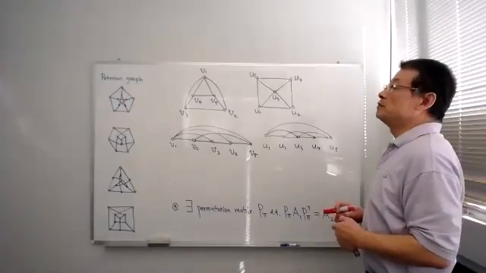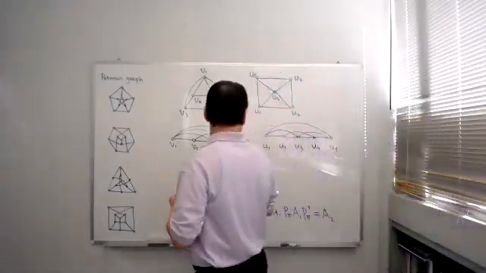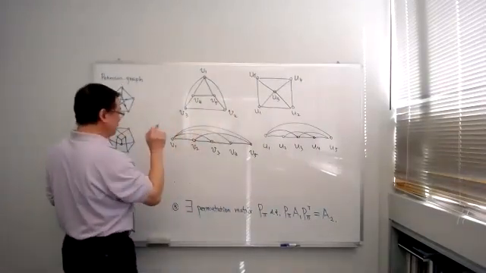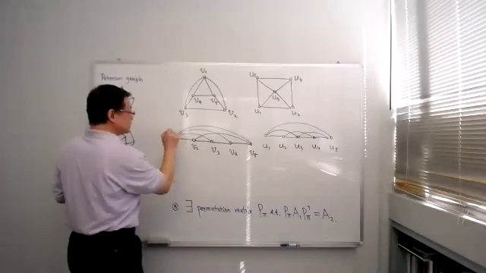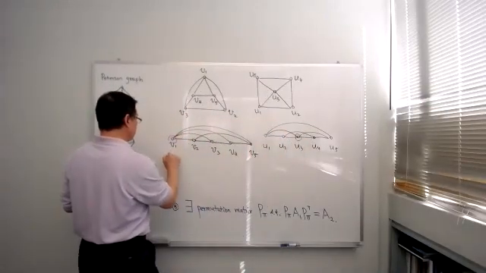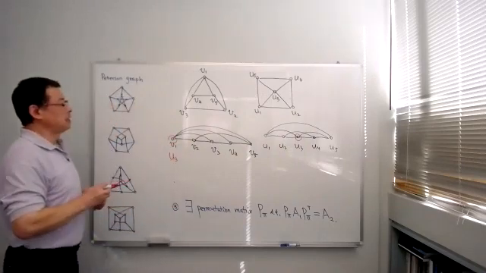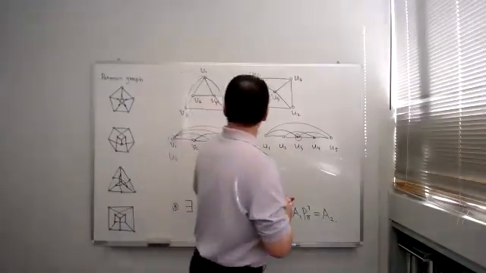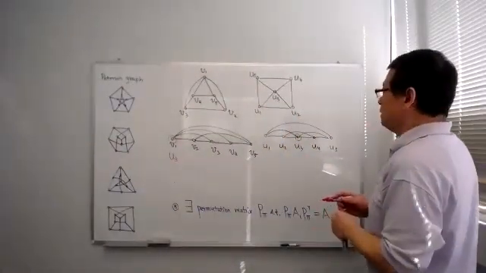There are automorphisms there. Okay, so let's see. What happens is there is an isomorphism between this graph and that graph. One way is V1 corresponding to U3. Now, actually, these do not really matter.